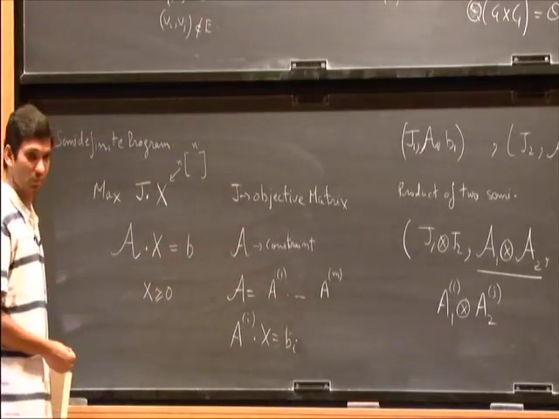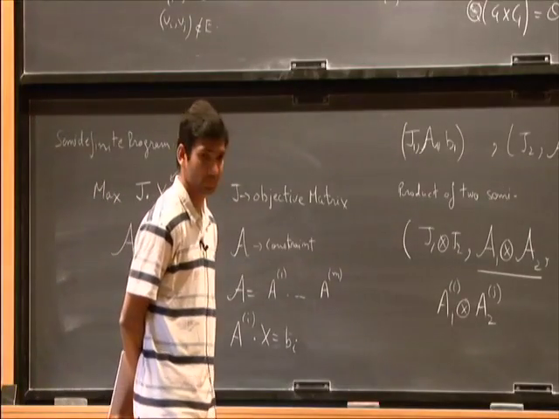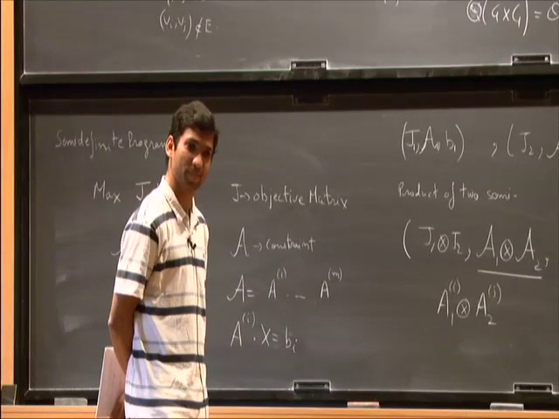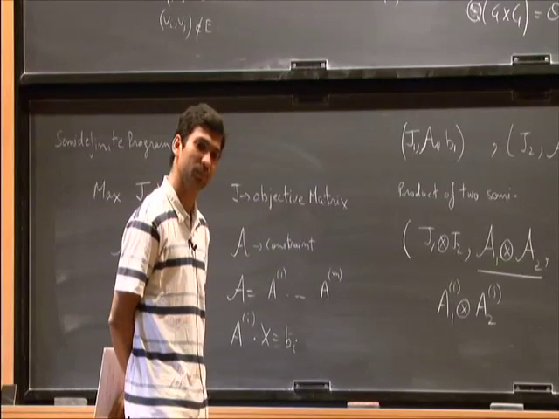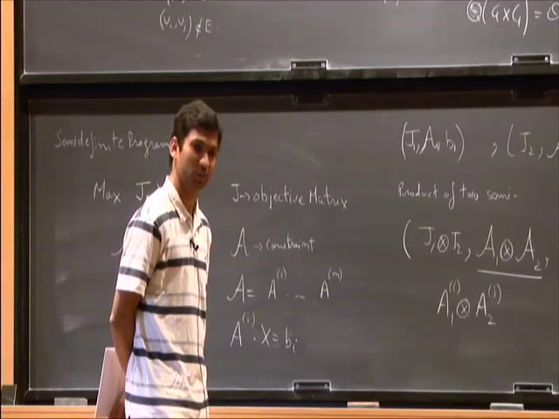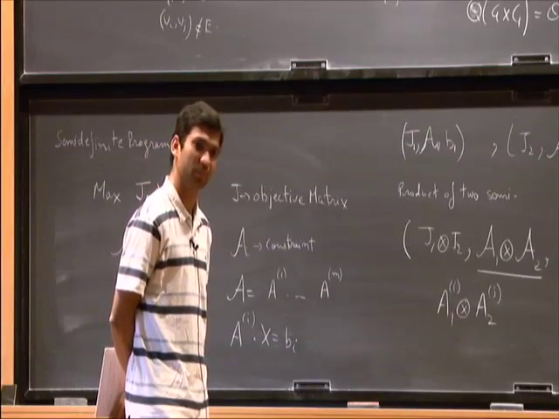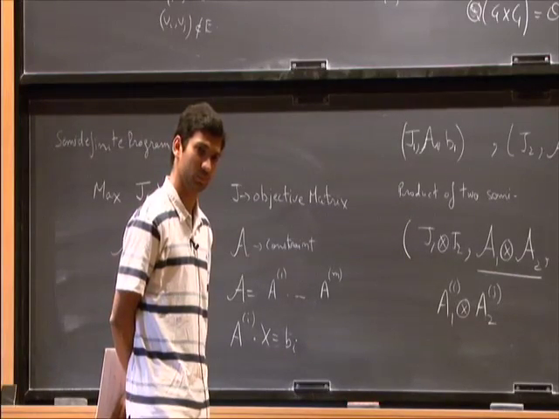Let me explain more. In the product, say that both of them involved n variables, n by n, then the tensor will be n squared by n squared. So you have one vector for every pair of vectors in the original, so one variable for every pair of variables, and then the objective.